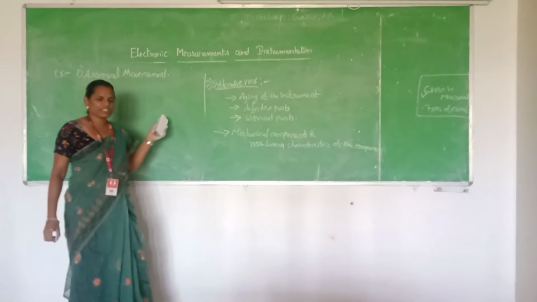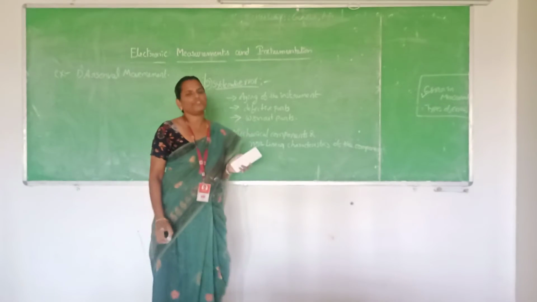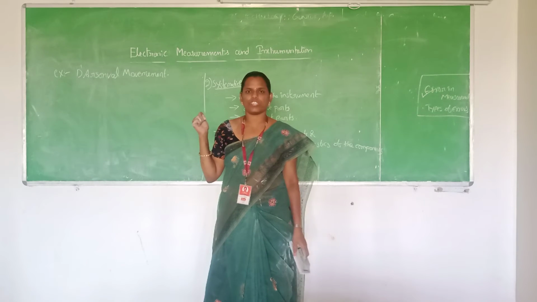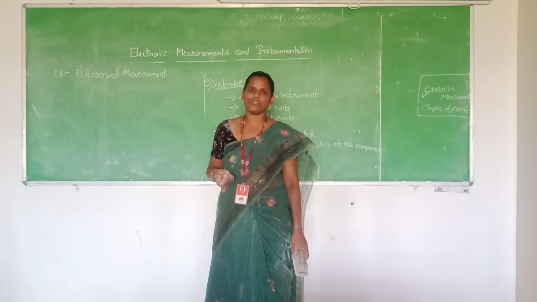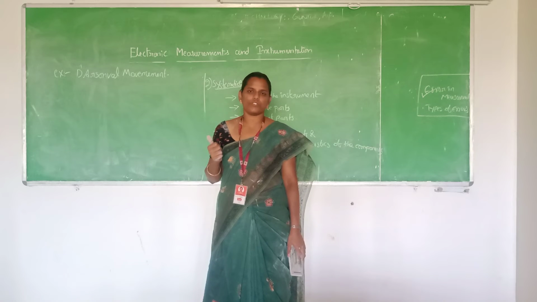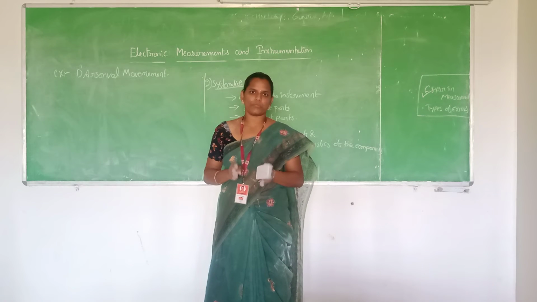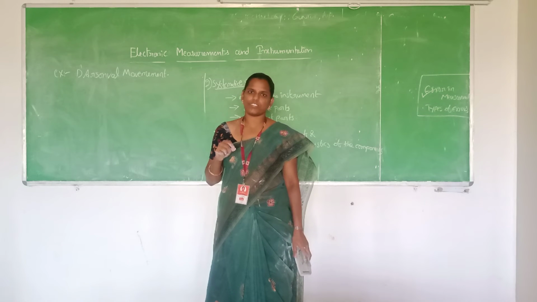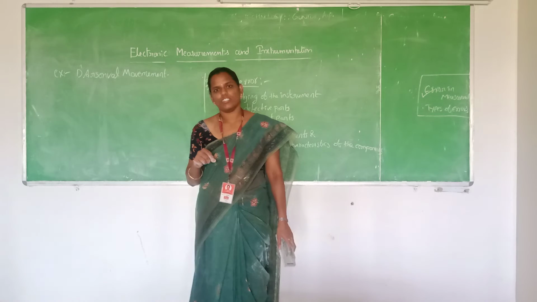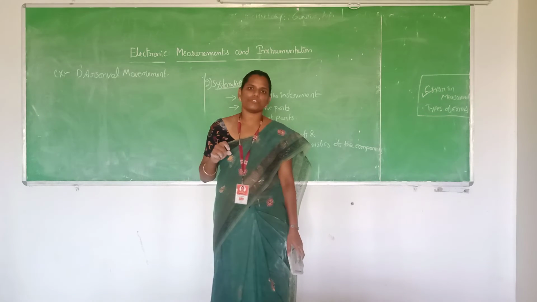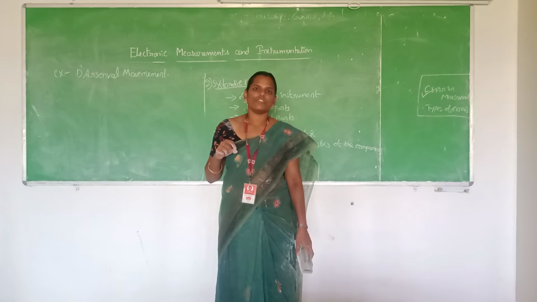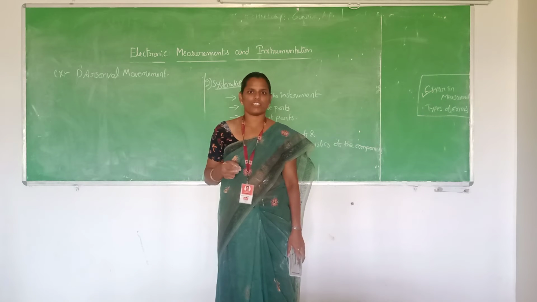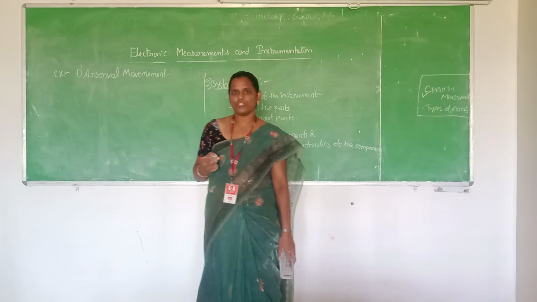The D'Arsonval movement is a mechanical instrument which is used to measure the current and also the voltage. With the help of this instrument we can measure not only the current but also the voltage. The principle behind this movement is that it consists of a permanent magnet and a current carrying coil present near this magnet. The current carrying coil experiences a force due to the magnetic field of the magnet, and it moves according to the force.